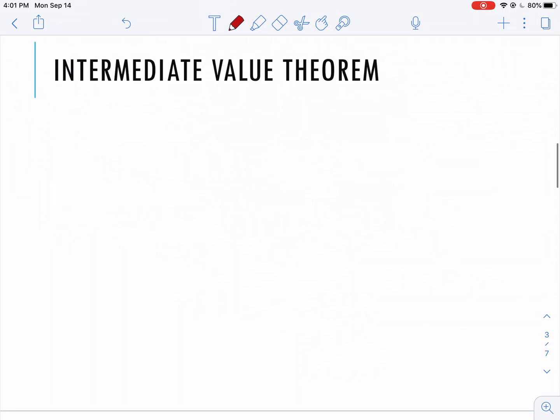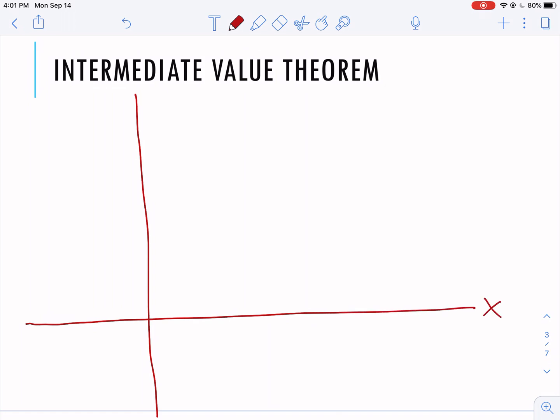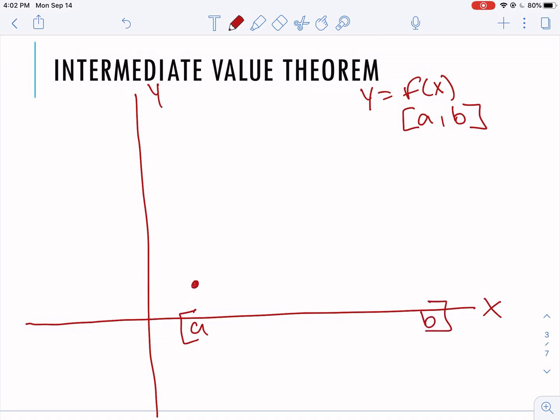So with the intermediate value theorem, let's say we have a continuous function y equals f of x, and we want to look at the interval from a to b. So let's say we have this point a, comma, f of a.